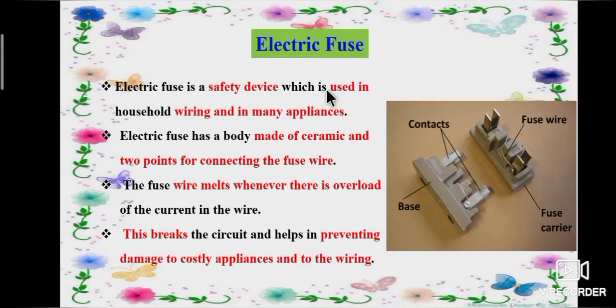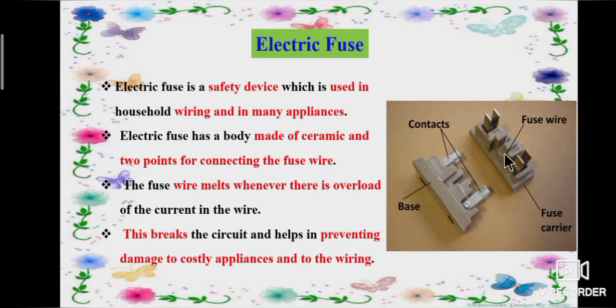Now we are going to see the main use of the heating effect of electric current. First one, electric fuse. An electric fuse is a safety device used in household wiring and in many appliances. It has a body made of ceramic and two points for connecting the fuse wire.